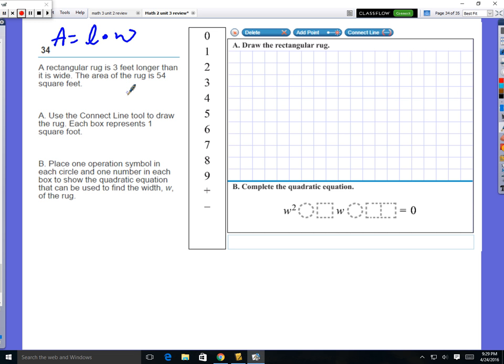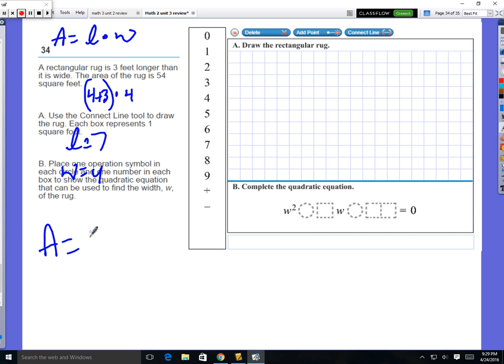So if the width was 4, then the length would be 4 plus 3. Oh wait, which one's wider? Yeah, the length is bigger. So the length would be 7, and the width would be 4. That's just an example. So here it is algebraically.